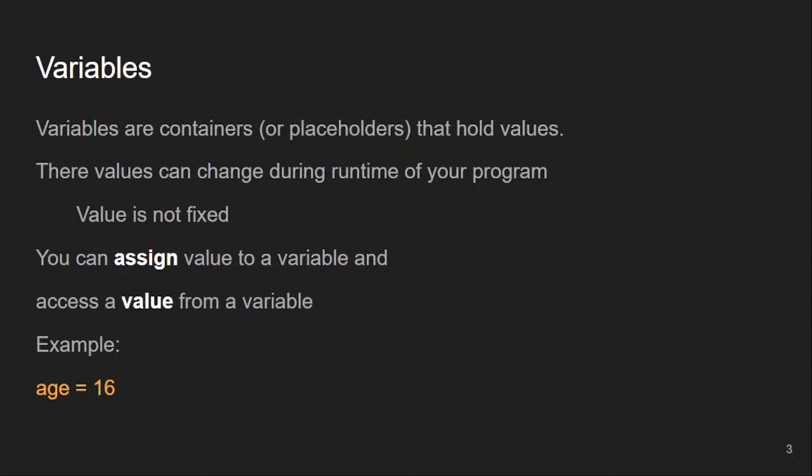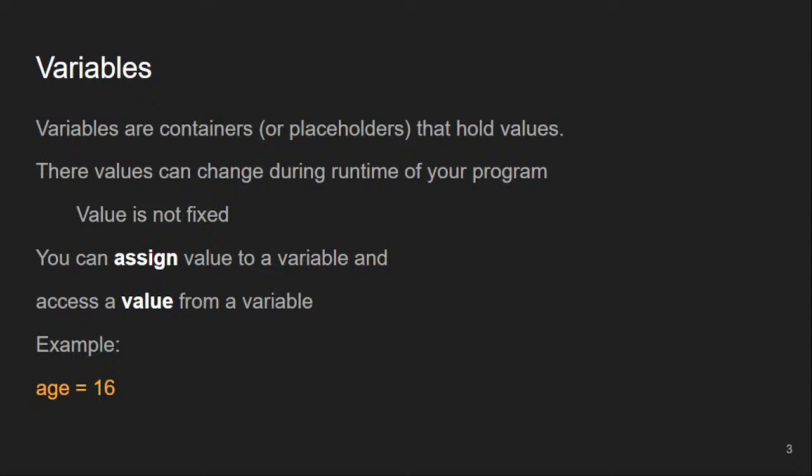Okay, so the values of variables are not fixed. That means that as the program runs, the values can change. For instance, if in your program age equals 16, age is the variable and 16 is the value stored inside the container age. At some point the age may be 18, or it may even decrease to 15. Because it can change, we call it a variable.